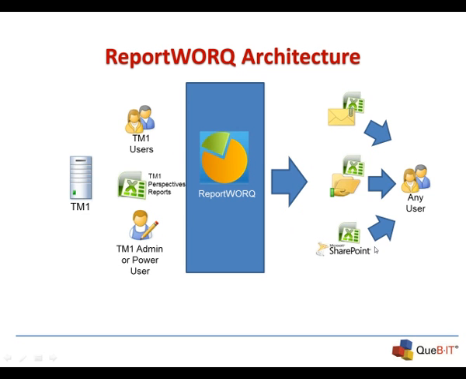But the problem has always been other users in the organization who would benefit from accessing that data, but whom you find it very onerous to deliver that data to because they're not necessarily connected directly to TM1, or they may have a direct connection to TM1, but they're not familiar enough to know how to find the information that they need. But you as the TM1 users know what that information is and how and when they need it.